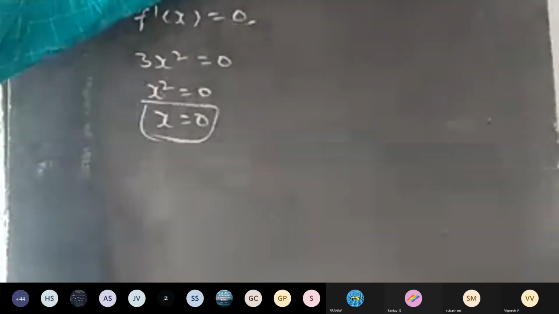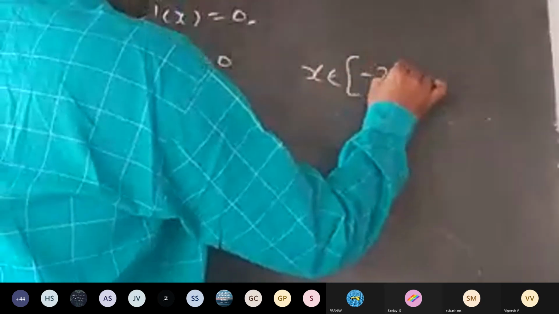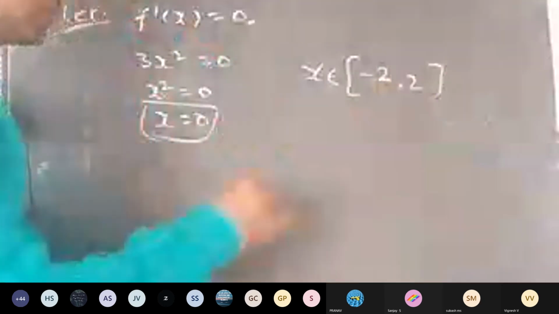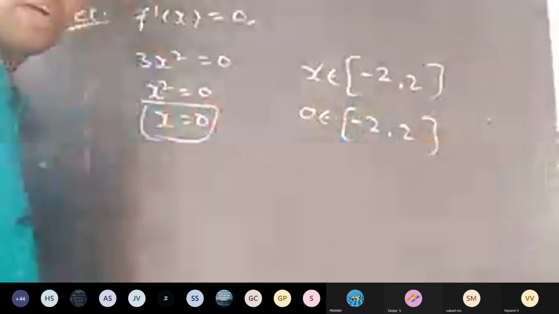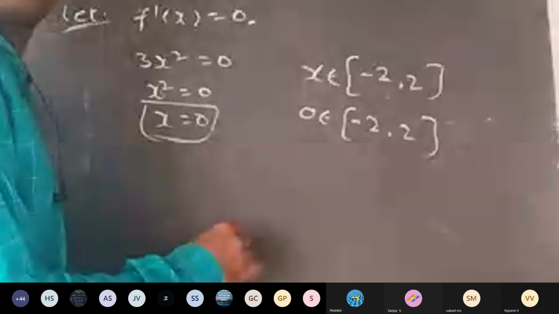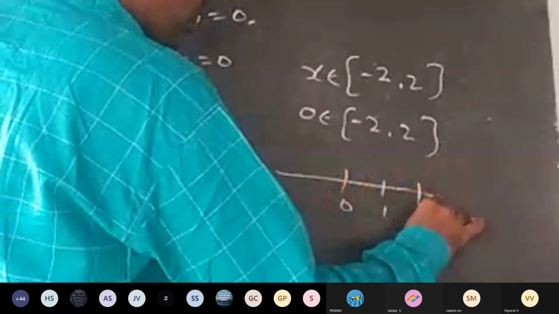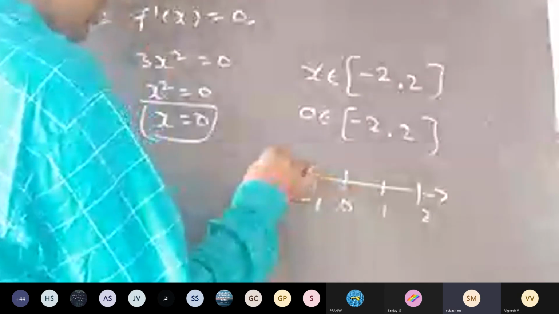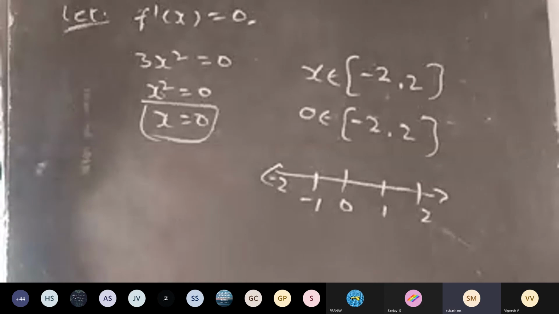See, x belongs to minus 2 comma plus 2, and 0 belongs to minus 2 comma plus 2, in the middle. Sir, the x value may be 1 also, no, sir?